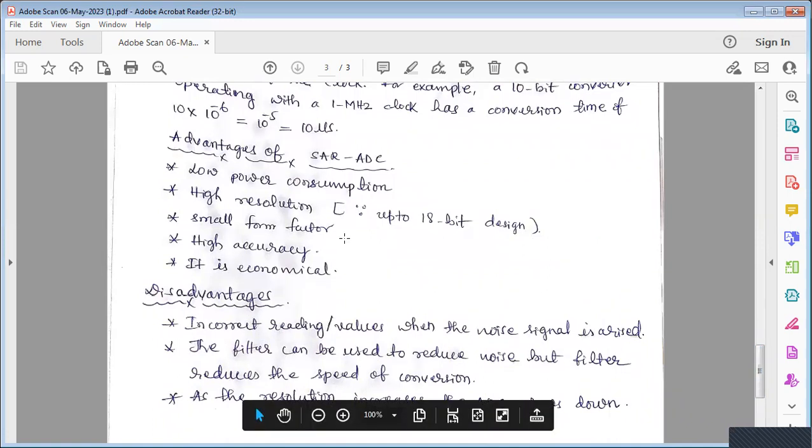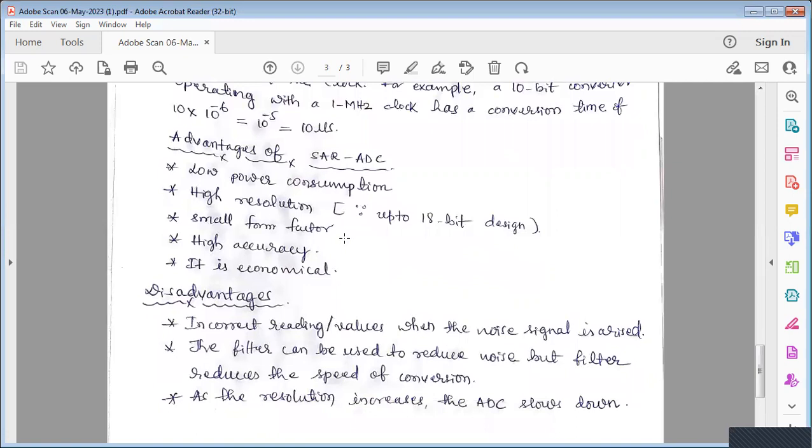Form factor is associated with the errors in the conversion. Even though it converts the analog signal to a digital signal, we cannot say that it is 100%. A small correction is there. It is called the form factor. And high accuracy. Accuracy of the conversion is also very good.